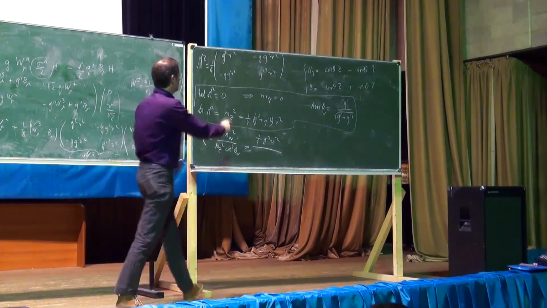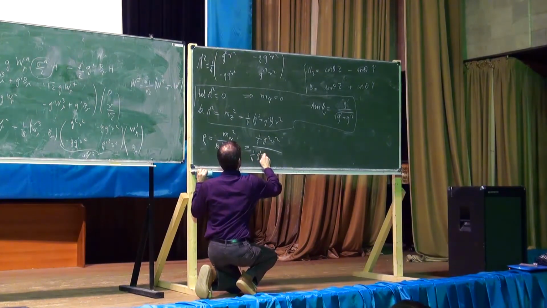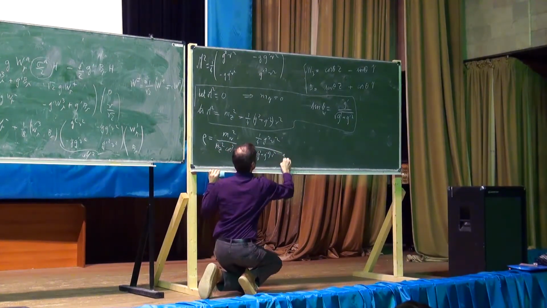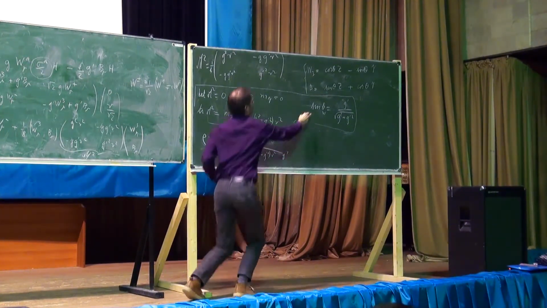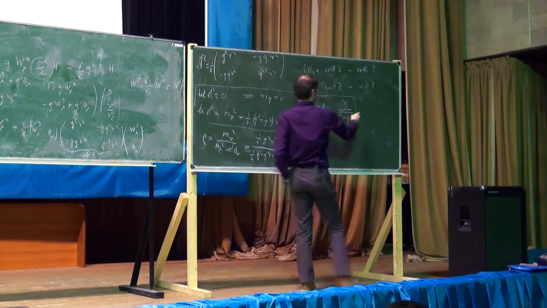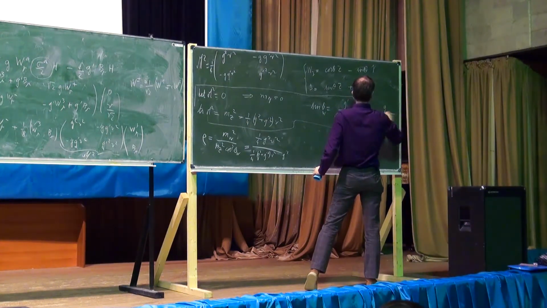The mass of the Z squared is 1/4 (g squared plus g prime squared) v squared, and sine theta is g prime, so cosine theta W is just g divided by the square root of g squared plus g prime squared.